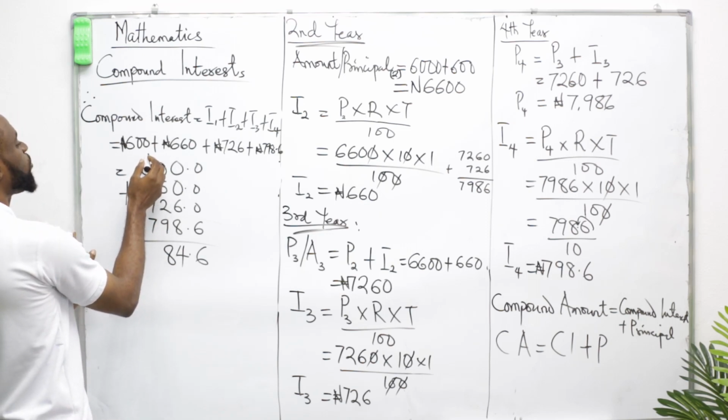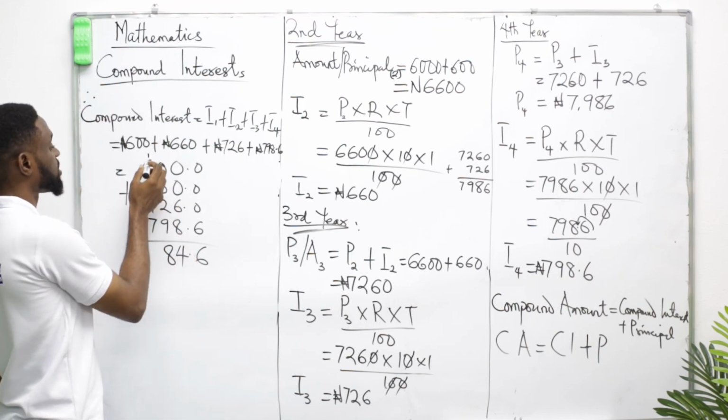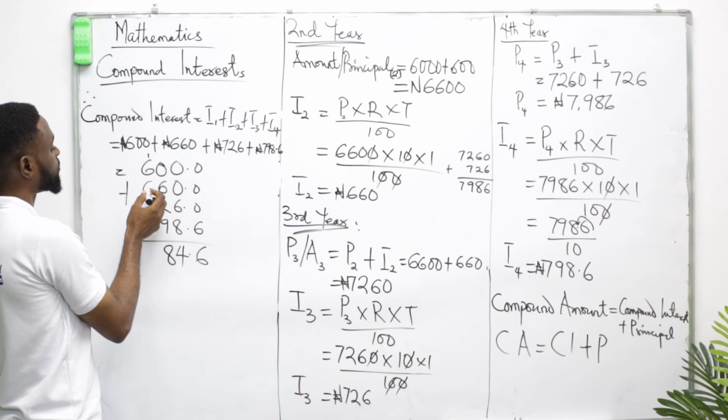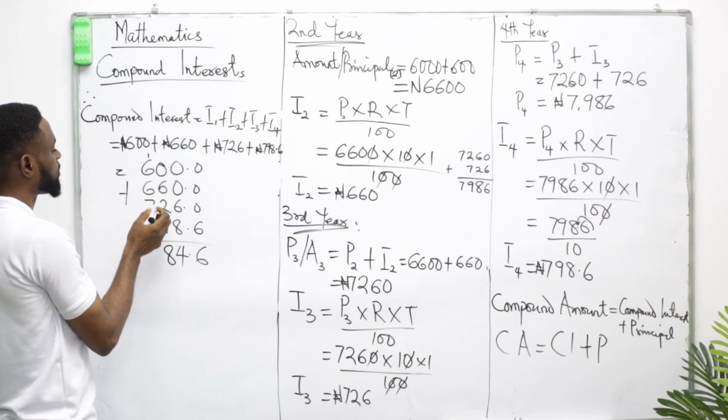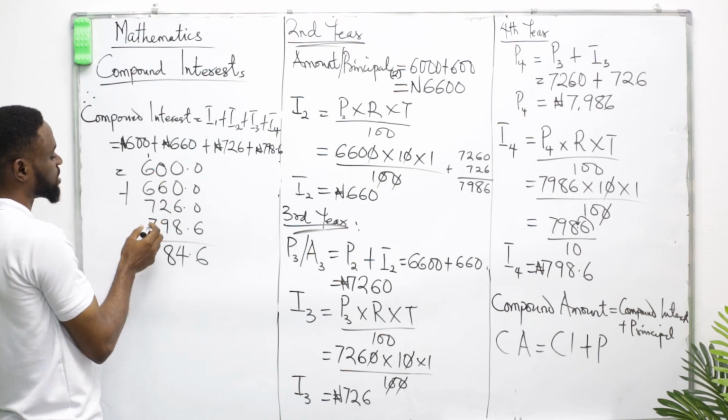1 plus 6 is 7. 7 plus 6 is 13. 13 plus 7 is 20. 20 plus 7 is 27.